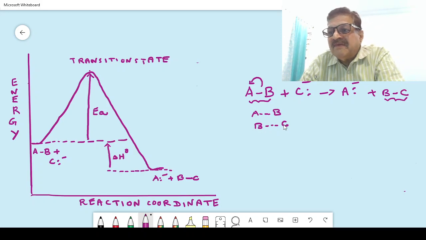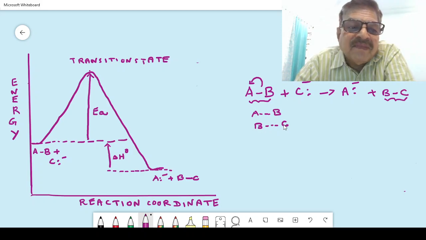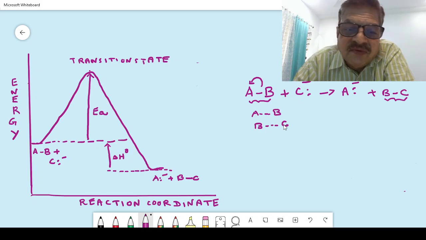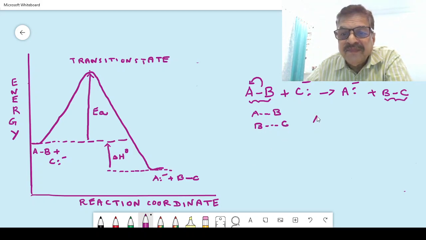So therefore, this is the least stable configuration through which the starting materials pass during the process of their conversion into the products here. It is generally referred to as the activated complex.